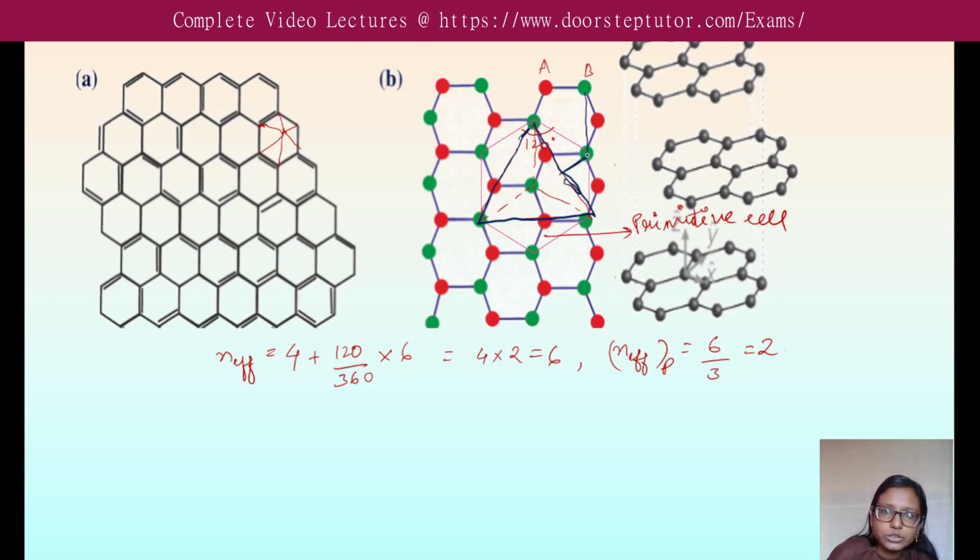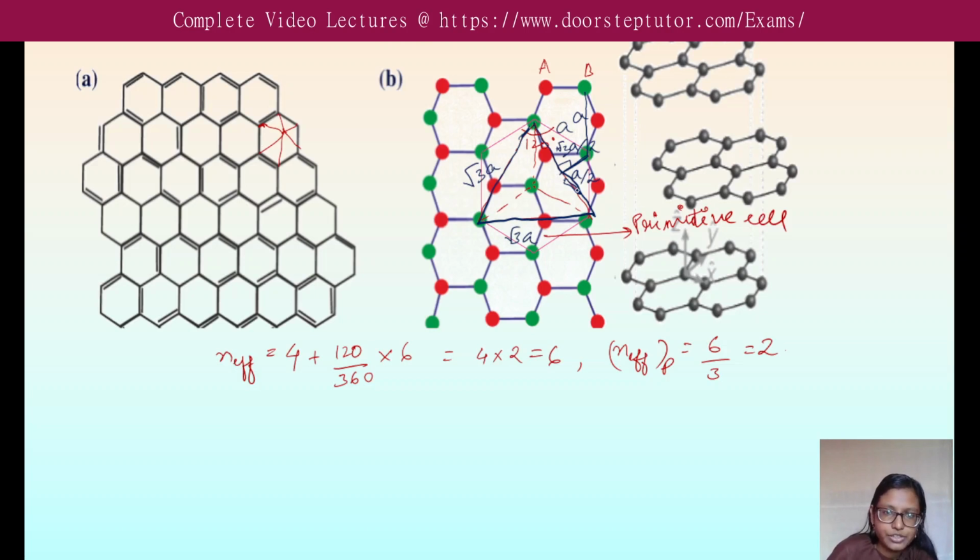So between two atoms, if a is the translational vector, this distance will be a. Here it is half the distance, so this distance will be a by 2. And again this distance is a, so from here we can calculate this distance using Pythagoras theorem, and it will come out root 3 a by 2. Again this is half the distance, so the complete side of this triangle will be root 3a. This side will also be equal to root 3a, right?